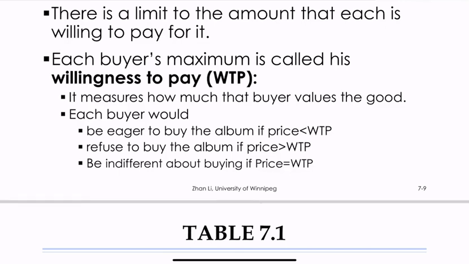And if the price is smaller than the willingness to pay, then this buyer will be happy to buy the album. And in the special case that price equals willingness to pay, this buyer is indifferent. Here the word indifferent basically means that this buyer is feeling equally good if he buys it or if he does not buy it.